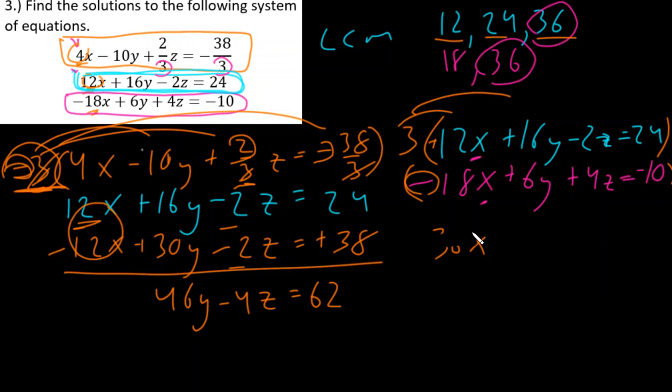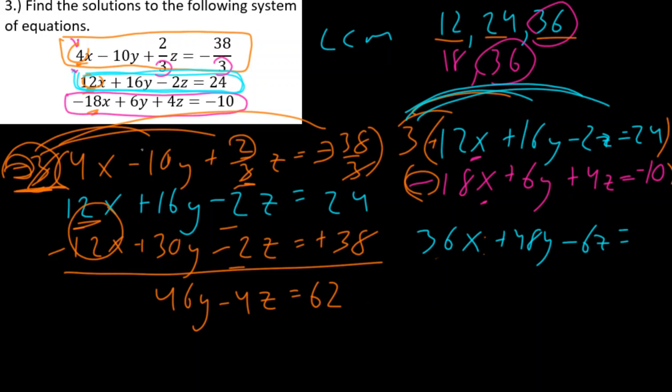My apologies, just because we want this to really stand out. We'll have 3 times 12 is 36x. 3 times 16 will be plus 48y. 3 times negative 2 will be negative 6z is equal to, and 3 times 24 is 72.